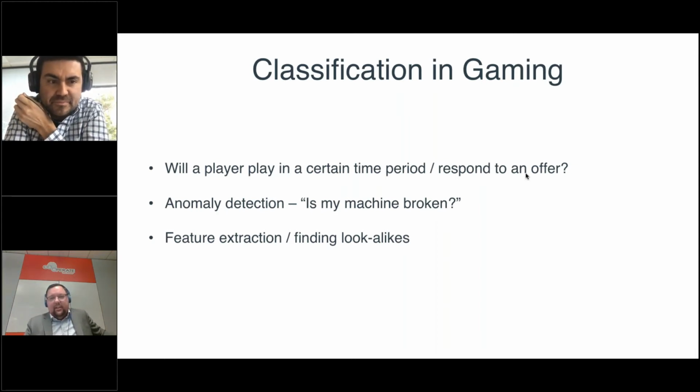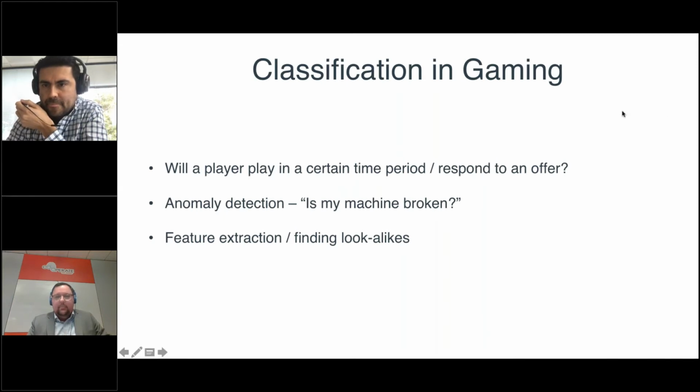When I think about classifiers and their use in gaming, there's two big problems that come to mind, and one is anomaly detection. If you look at industry, the biggest place that classifiers are used right now, and you've all probably experienced it, is credit card fraud detection.